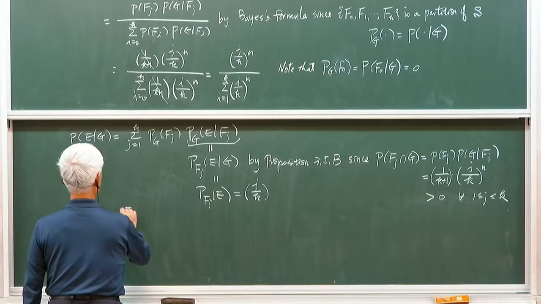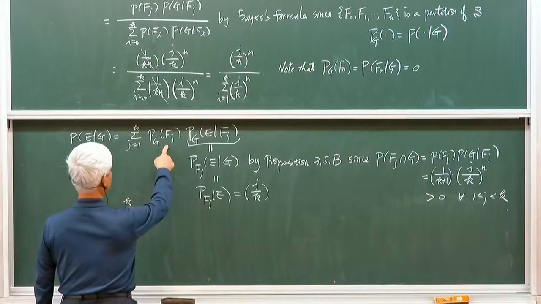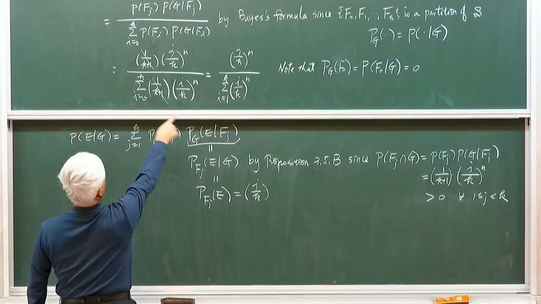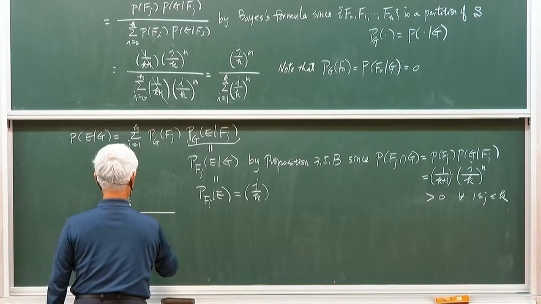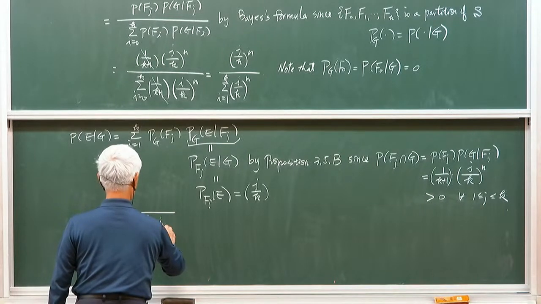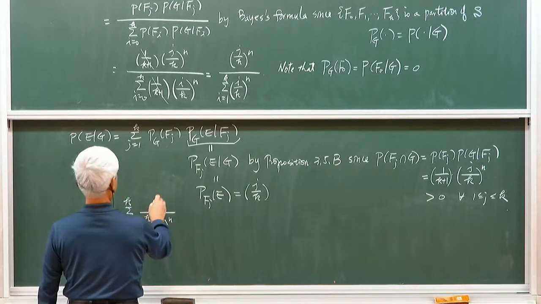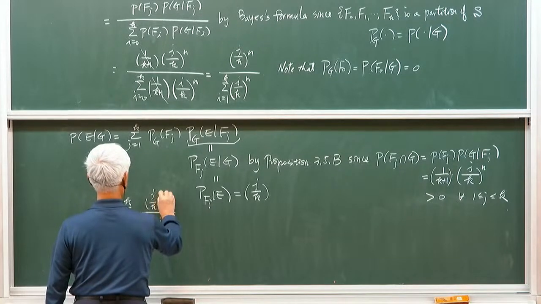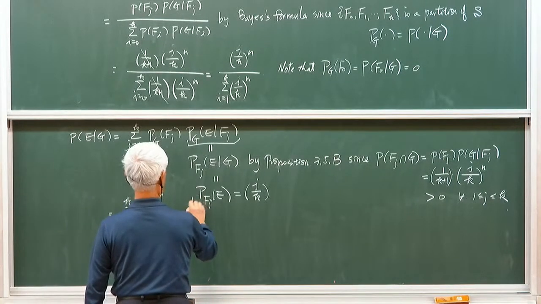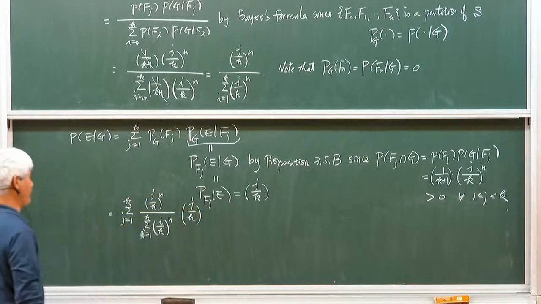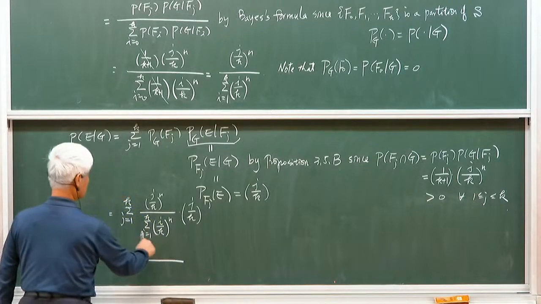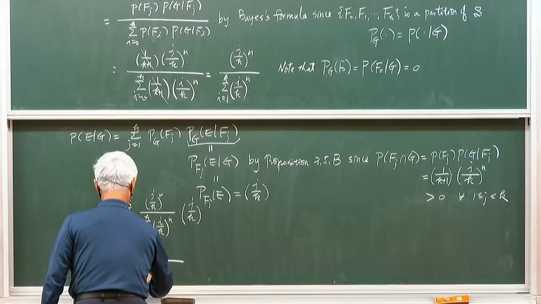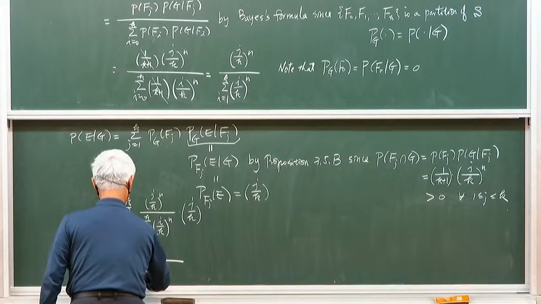Now, we have computed that this is equal to the summation over i from 1 to k of i divided by k to the nth power, and j divided by k to the nth power, times j over k.